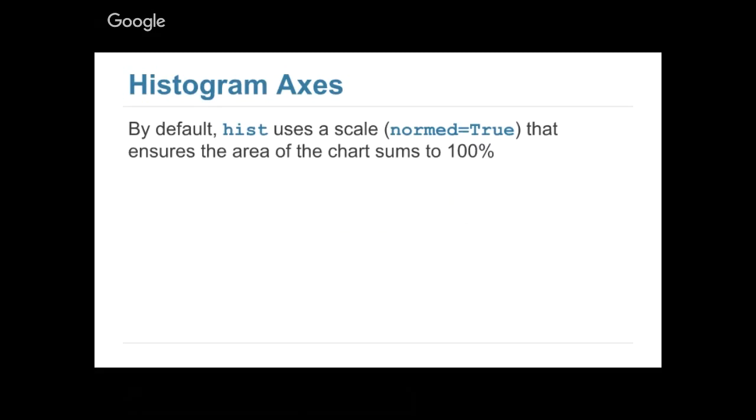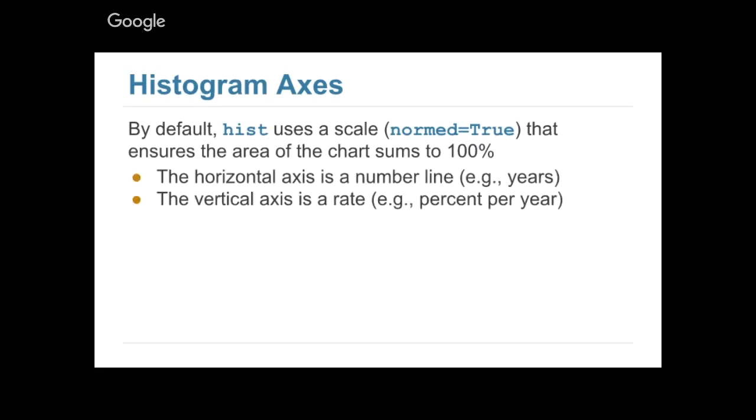So on the horizontal axis, we have, for example, the age. On the vertical axis, we have this unit called percent per year. And the reason we do that is because when the horizontal axis is year and the vertical axis is percent per year, when we compute the area of a bar, we do percent per year times year, the units cancel, and we get just percent.